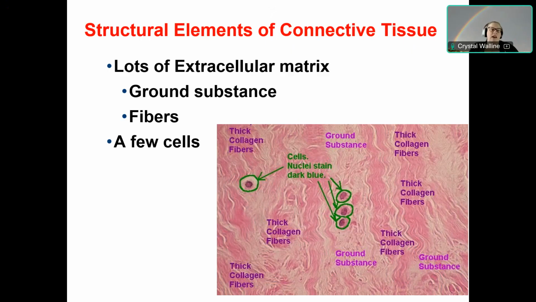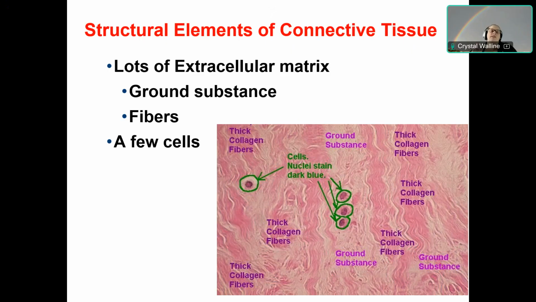Those mRNAs are translated into proteins at the ribosome, and then those proteins get modified in the Golgi apparatus, and then they get secreted using exocytosis to release those substances outside of the cell.